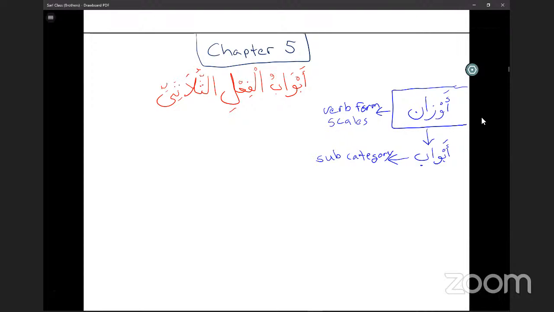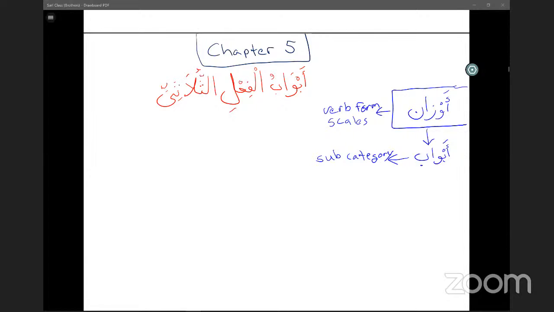So the main category are the awzan, the categories of the verbs, the verb forms. Then those verb forms have subcategories. And it'll be easy in a moment, inshallah. Once we take it, you'll see exactly what we mean, bi-idhnillah. So let's do that now, inshallah.